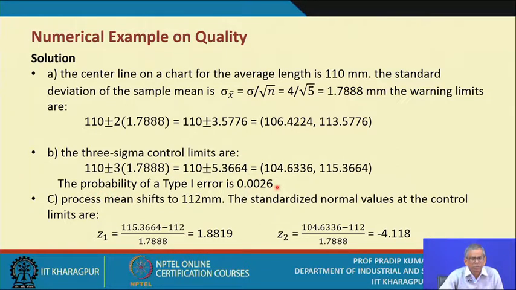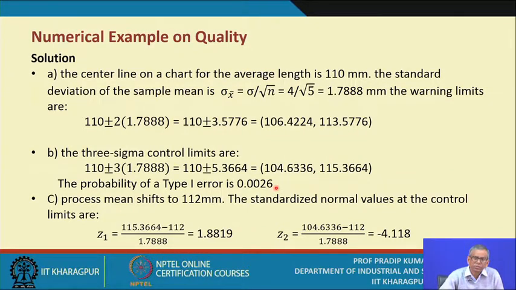Now what is the probability of a type 1 error? That you can always compute assuming normality, that is 0.0026. Is it okay? What you need to do is calculate z values at the lower control limit, and you compute the area under the curve beyond the z values, and note it down.